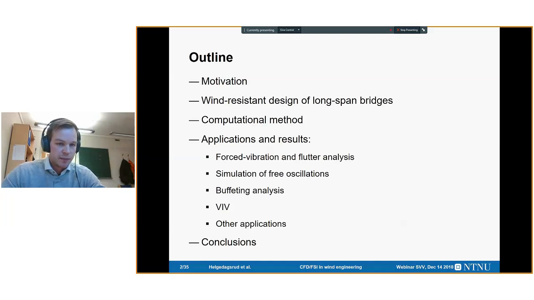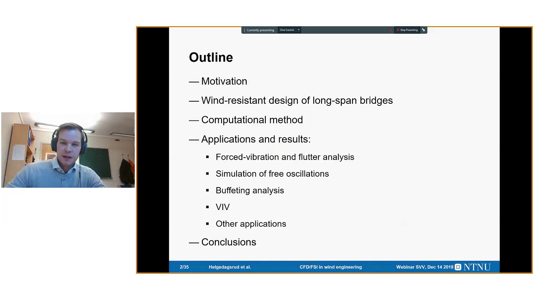Then we will see some applications and studies we have been doing, and also explore some further possibilities. It's around 50 minutes, so that will leave us some time in the end for discussion.